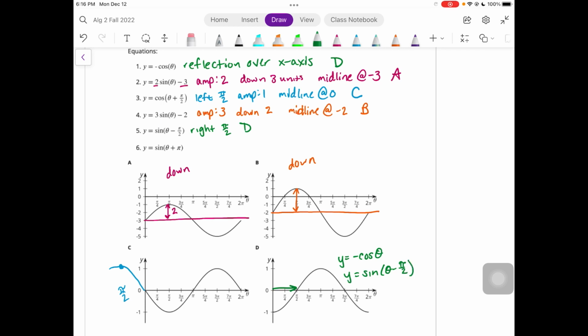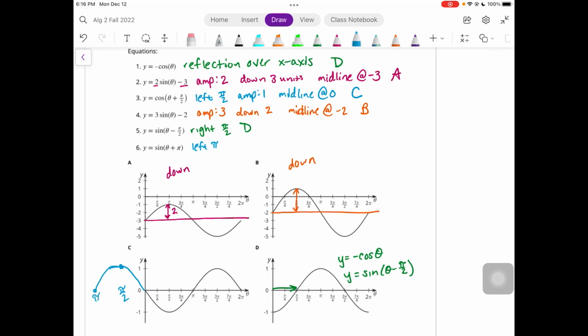And then number 6, y equals sine of theta plus pi. That is a shift to the left, pi units. So normally, when the graph is at pi, you're crossing the x-axis. And so if we had continued that one down, that would be at pi.